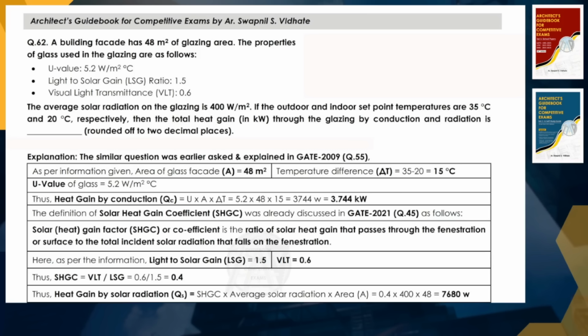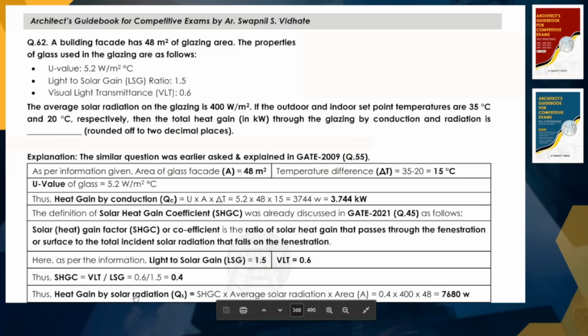So it is 0.4 multiplied by 400 multiplied by 48. The area is provided in the question. So the value of heat gain by solar radiation will be 7680 watts. Now you can again convert this 7680 watt into kilowatt. That will be 7.680. So this is the heat gain by solar radiation.